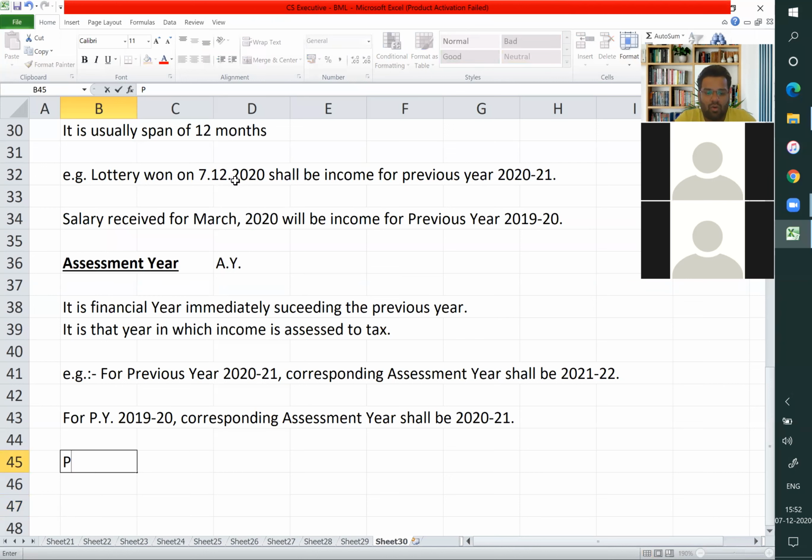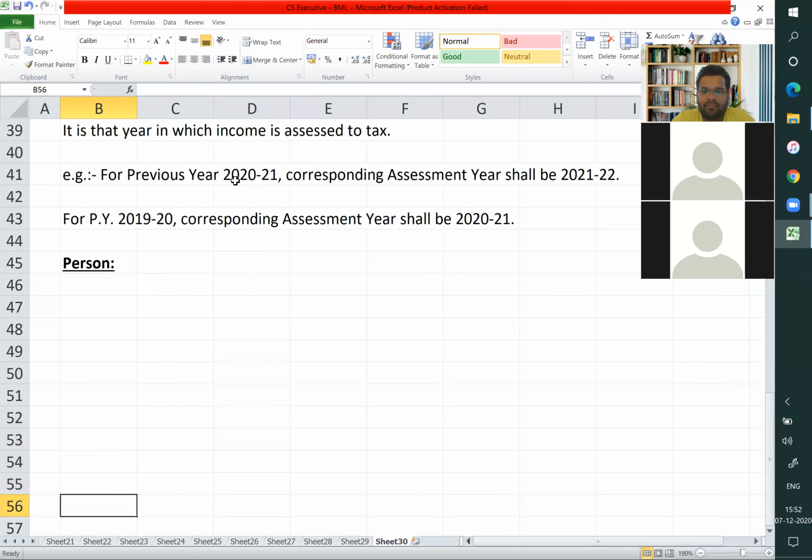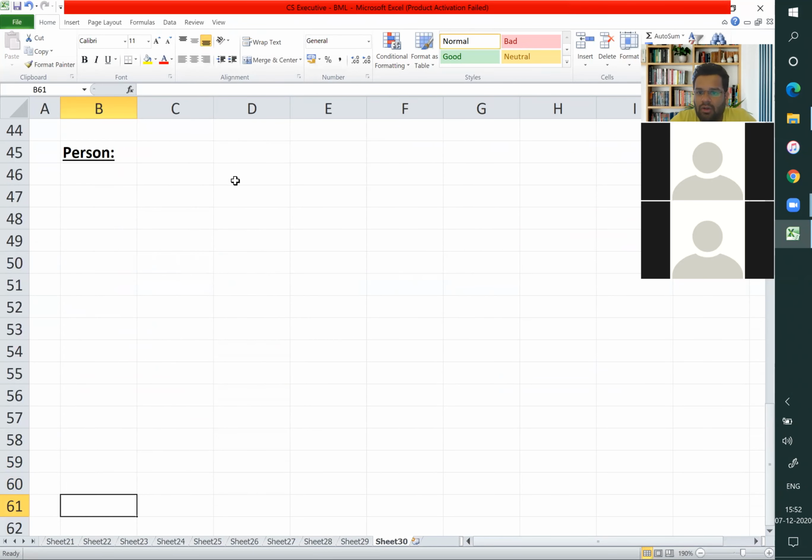So you got all those things. Now, what exactly is the meaning of the word person? Who is liable to pay tax? Is it only an individual, or companies also, or firms also? It seems logical that every entity should pay tax.